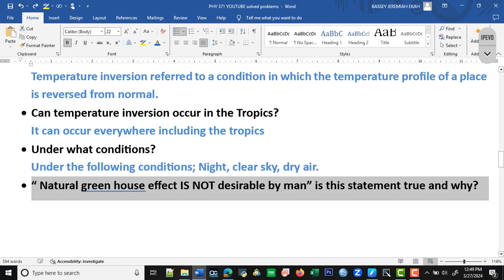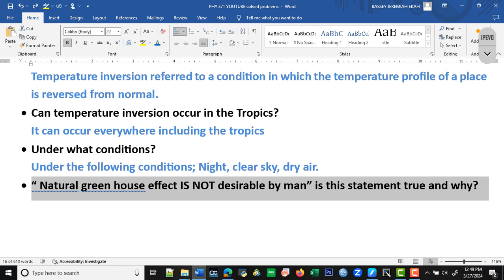The next question says, natural greenhouse effect is not desirable by man. Is this statement true, and why? We know what they mean by greenhouse effect.